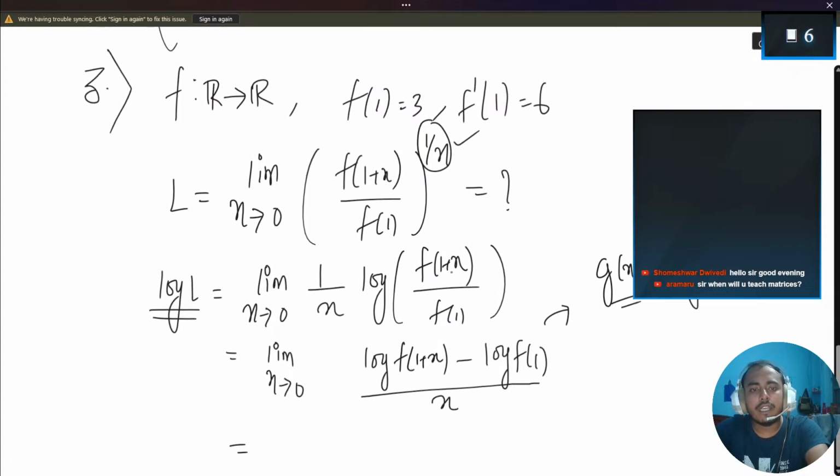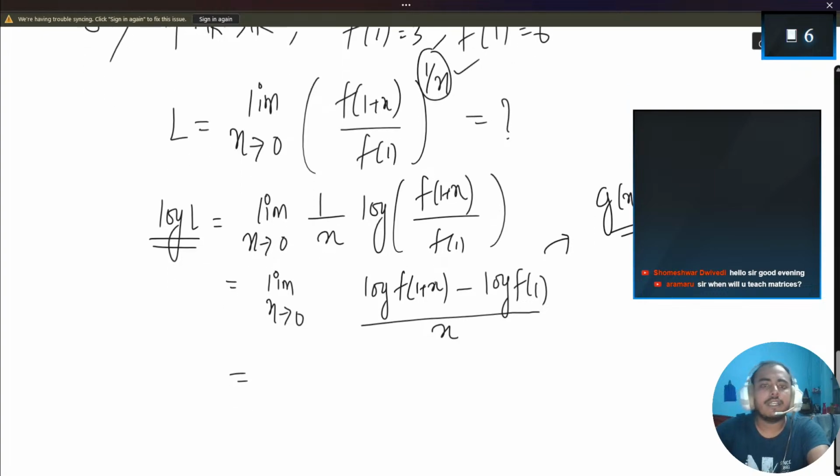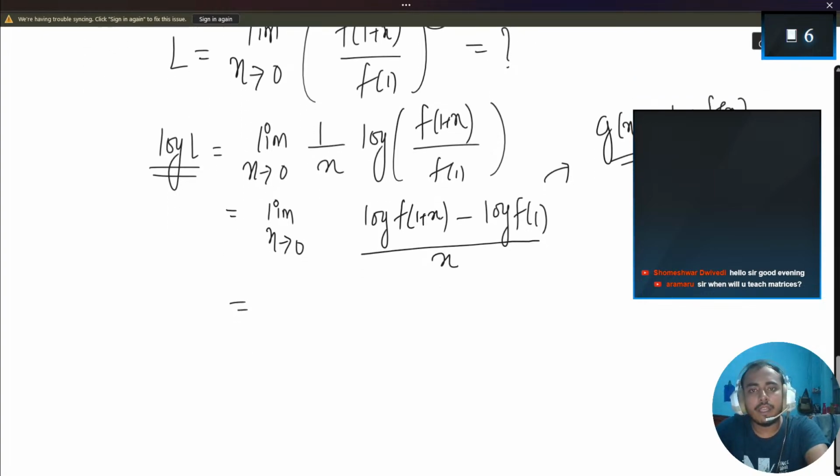First of all, if you put x equals to 0 here, what do we get? Do we have a limiting form? So, x equals to 0, log f of 1 minus log f of 1, which is basically 0, and then you have x in the denominator, which is also 0. So, this is indeed a 0 by 0 form. And if you have a 0 by 0 form, then we obviously can do L'Hopital.